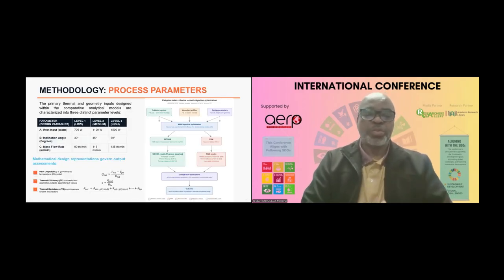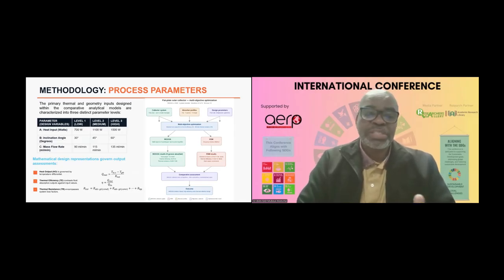Which are the output variables? We have 3. We will measure the heat output. We will also measure the thermal efficiency of the solar collector, and we'll also measure the thermal resistance. Now, for our solar collector to be performing, the output must be maximized.